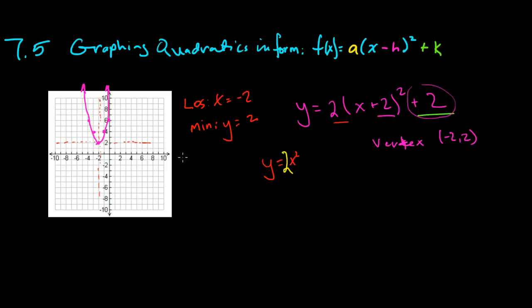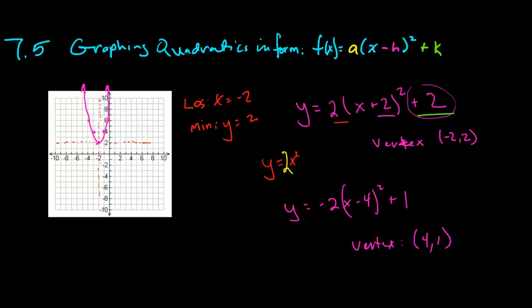Let's try one really quickly. y equals -2 times the quantity x minus 4 squared plus 1. All right, our vertex will be 4, 1.